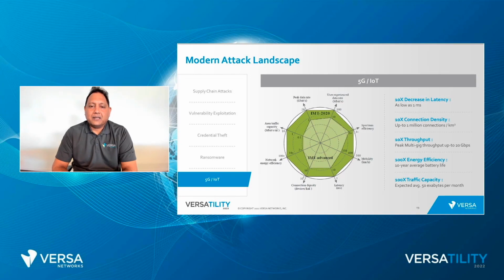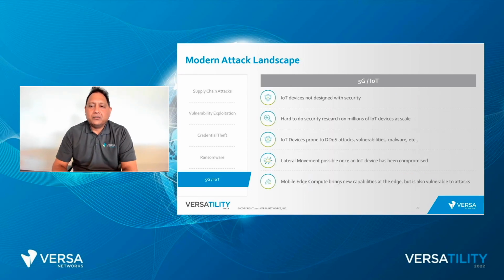Case in point being the IoT devices, for which the 5G networks are very suitable, where these IoT devices are in the millions, if not in the tens of millions, and the number of different types of IoT devices in the future is only expected to grow exponentially. These are very low-powered devices, and they have not been built with security in mind. They're all connected to these 5G networks. And now, because of a vulnerability that exists within these IoT devices, attackers can remotely exploit them and then use them for nefarious purposes.